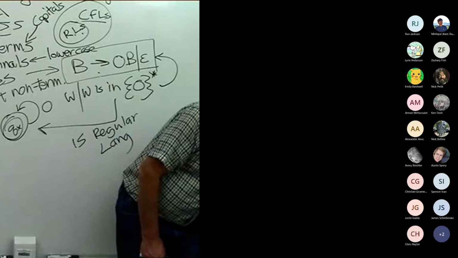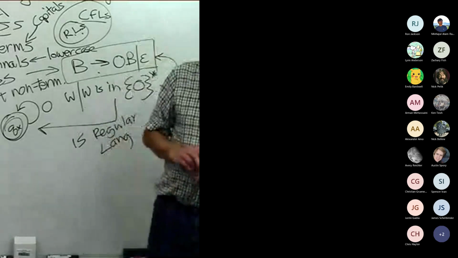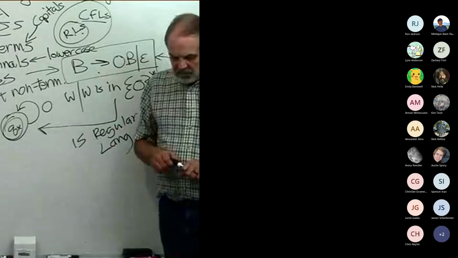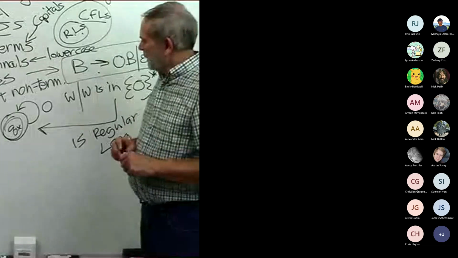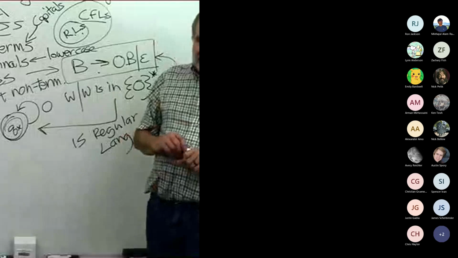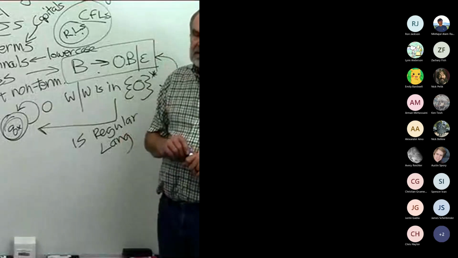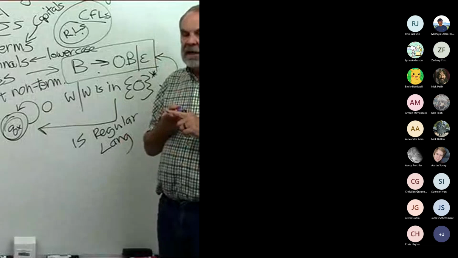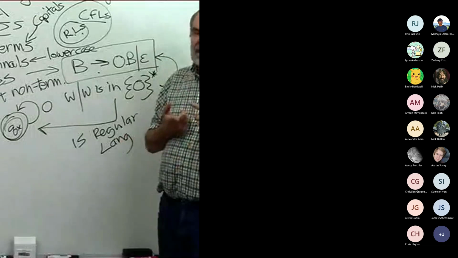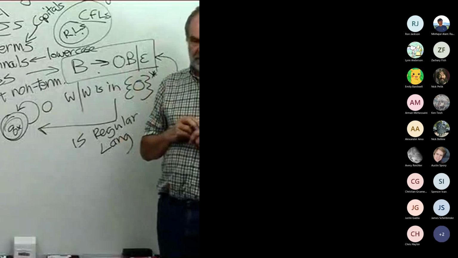So we'll start with an important add-on, an additional perspective on how to create a push-down automaton from a context-free grammar.